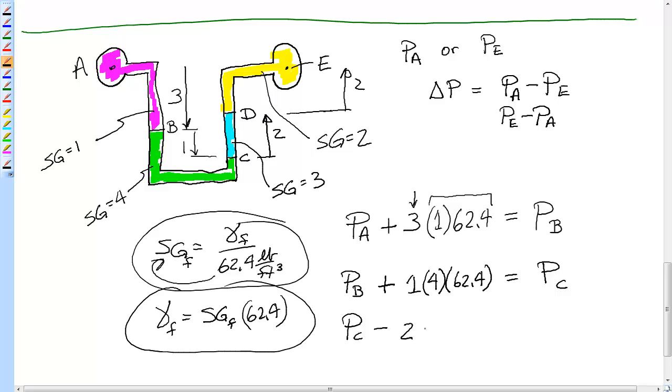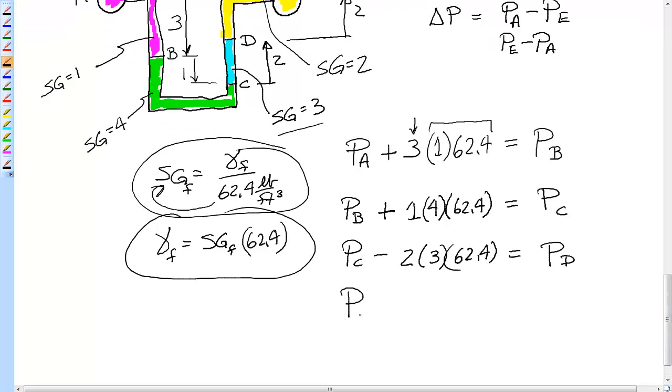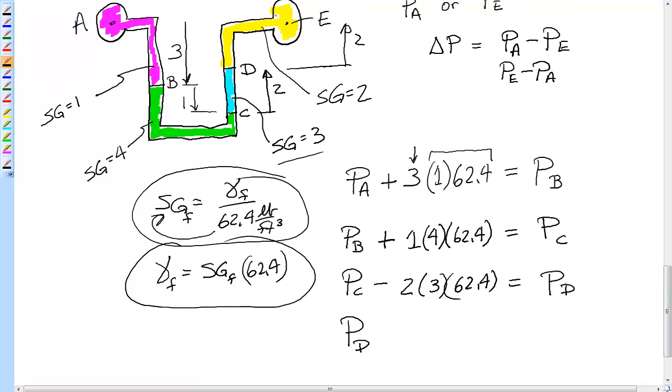You go up 2 foot through some stuff that has a specific gravity of 3, 3 times heavier than water, and you end up at D. Now you start at D. I believe you go up another 2 foot through something that is 2 times heavier than water. You end up at pressure E.